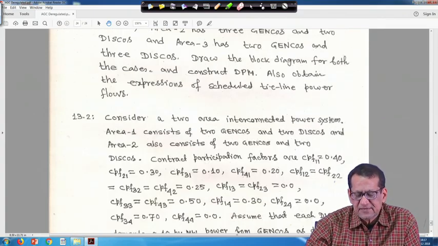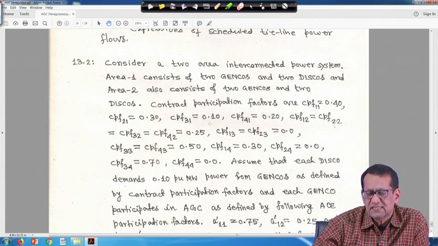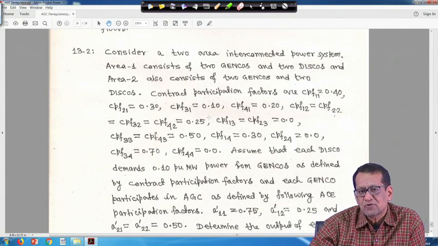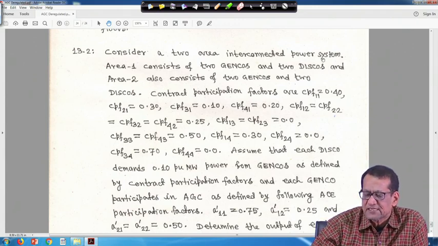And another example, if time permits I will solve it for you. Another thing is load following, after that I will solve one problem of this type. Now, consider a 2-area interconnected power system. Area 1 consists of 2 GENCOs and 2 DISCOs, area 2 also consists of 2 GENCOs and 2 DISCOs, right.